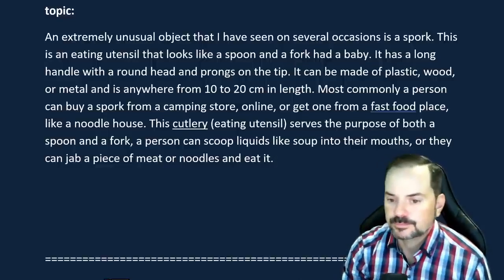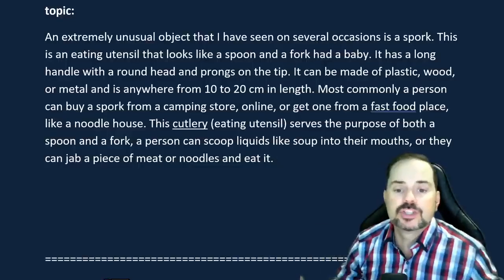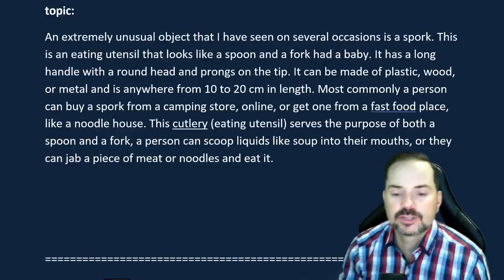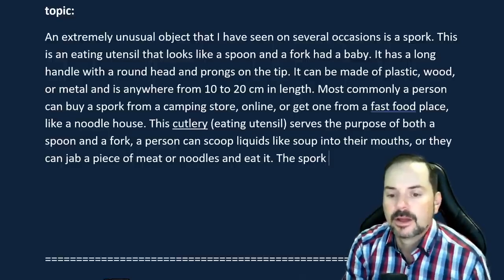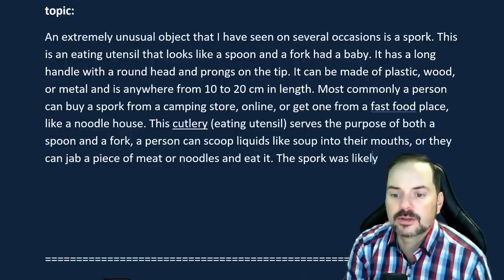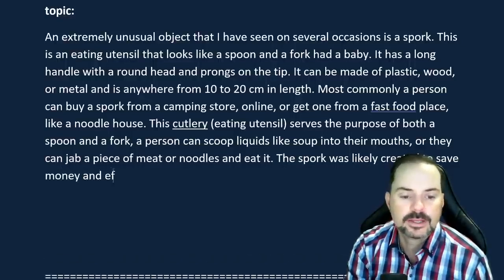Okay, so now what's the logic of the spork? So the spork was likely created to save money and effort.